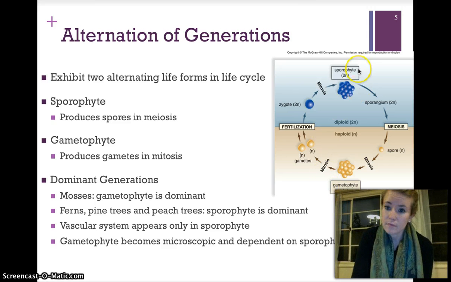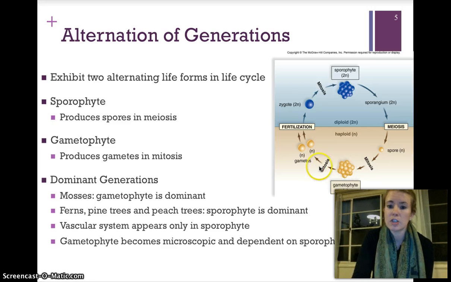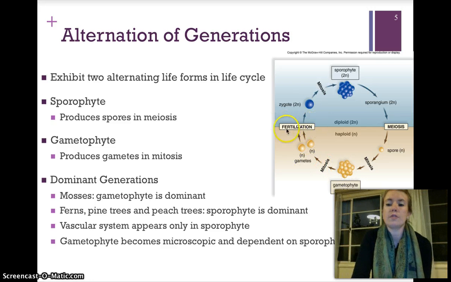And so the sporophyte produces spores in the sporangium, which is the singular, through meiosis. So sporophytes do meiosis to make a spore, which makes sense. It's kind of like a gamete. It turns into the gametophyte. And then the gametophyte down here does mitosis to make gametes, which will go through fertilization and make a new sporophyte.